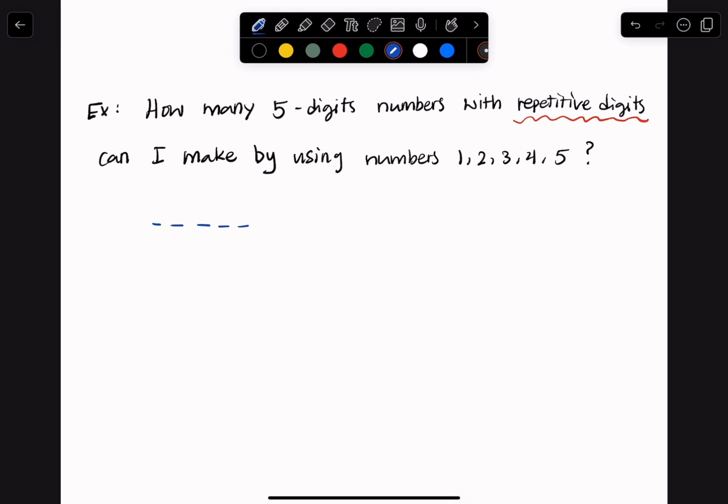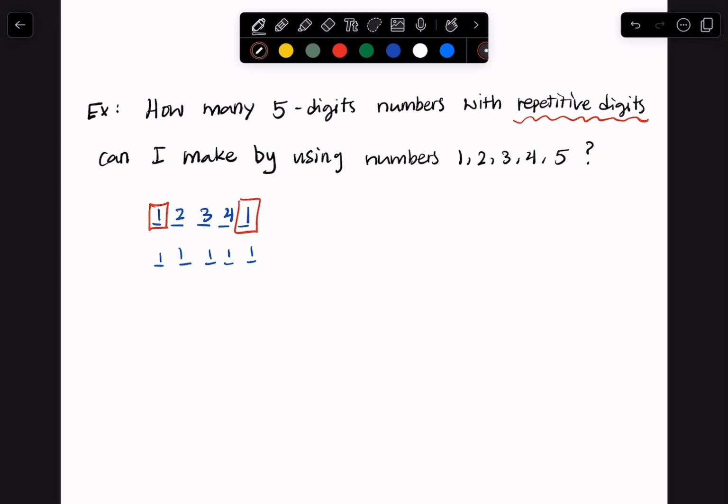And a valid 5-digit number for this question will be, let's say, 1, 2, 3, 4, 1. It is okay because it does have a repetitive digit, which is 1 and 1. That's basically saying that you can even have something like 1, 1, 1, 1, 1, since it is a 5-digit number first, and it does have repetitive digits.